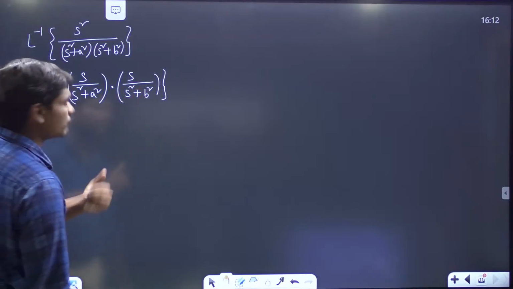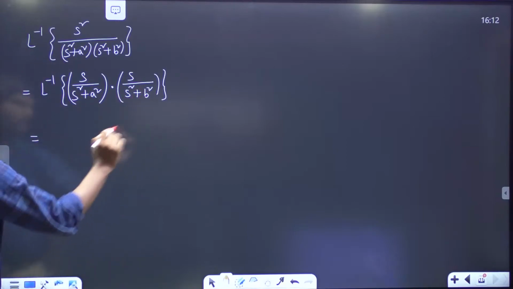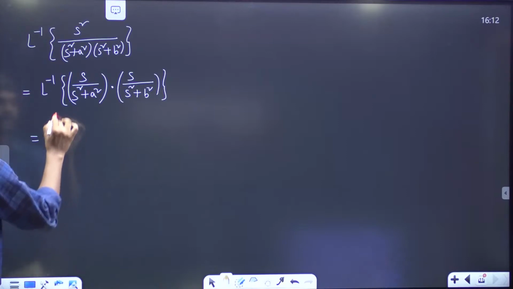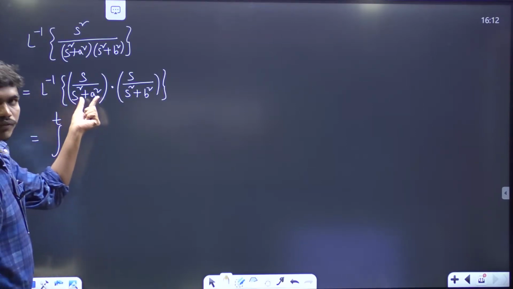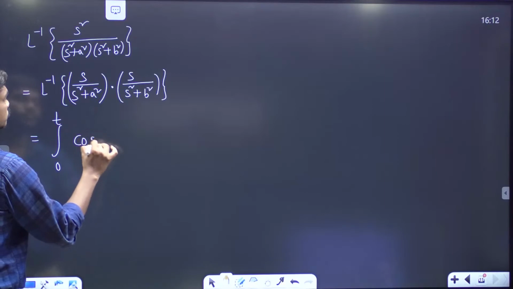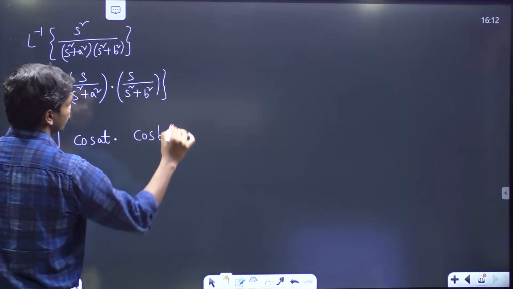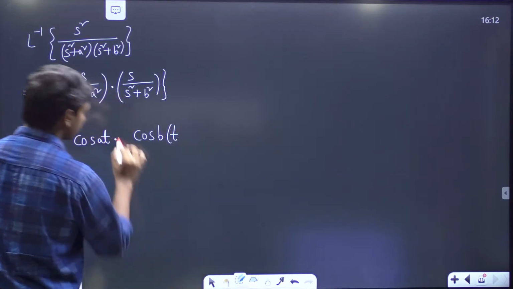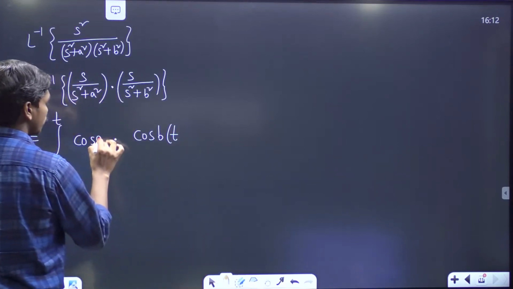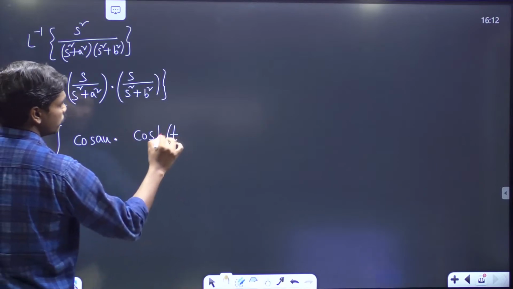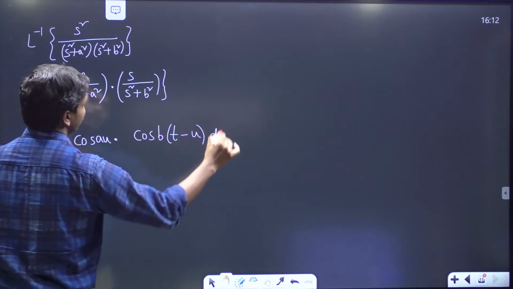Now if you apply the convolution theorem, as per the convolution theorem, integral 0 to t, this function f of t, so cos at into cos b of, cos au, sorry, this is cos au into cos b of t minus u du.